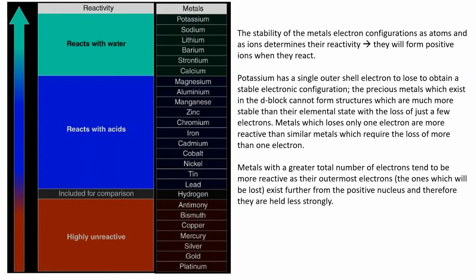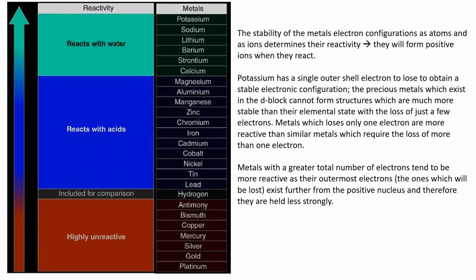The precious metals which exist in the D block cannot form structures which are much more stable than their elemental state with the loss of just a few electrons. Now, when it says D block, these are the transition metals.